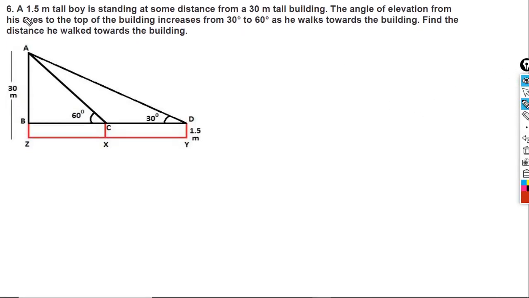Okay, see, a 1.5 meter tall boy is standing at some distance from a 30 meter tall building. The angle of elevation from his eye to the top of the building increases from 30 degree to 60 degree as he walks towards the building. Find the distance he walked towards the building.